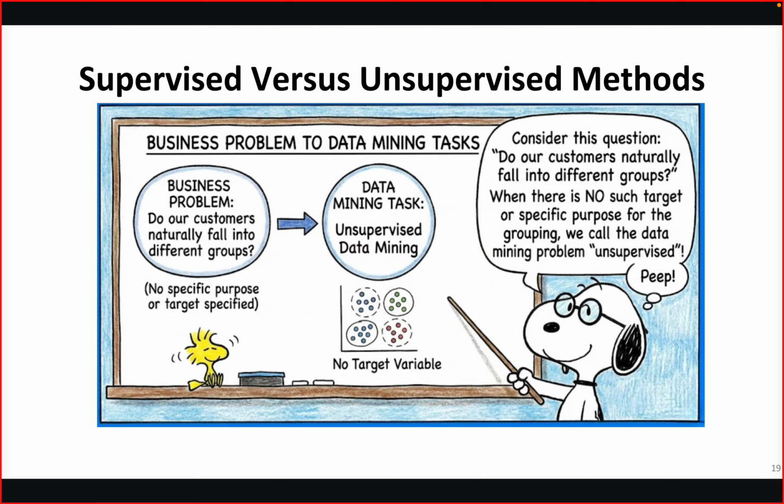So, supervised versus unsupervised methods. Do you have any idea what people mean when they talk about supervised versus unsupervised learning? Because it's machine learning, so supervised machine learning or unsupervised machine learning. Do you have any ideas about these two types?